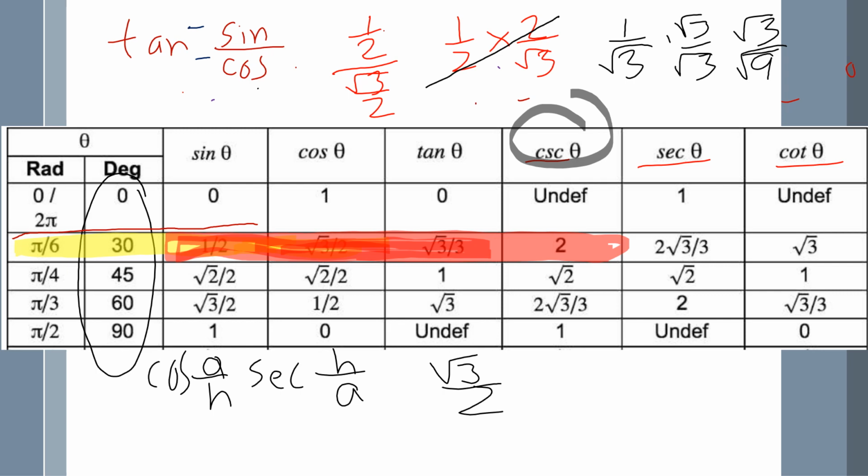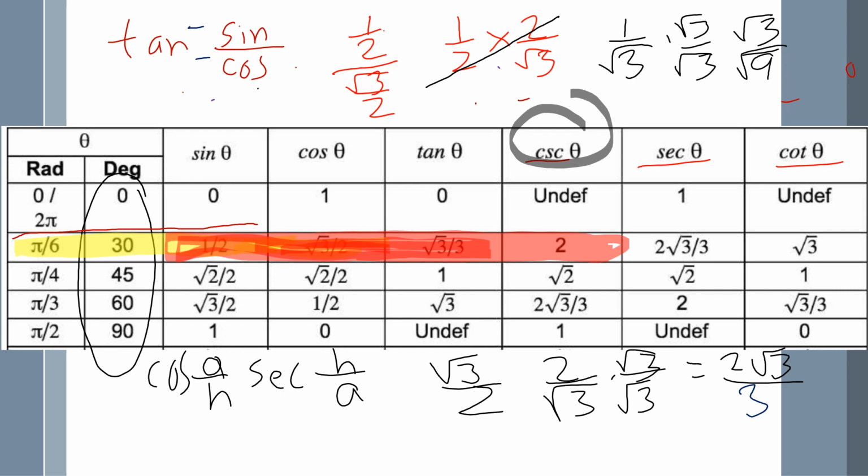Flip it over to be 2 over square root 3, which we know we can't have that. So guess what? When you see a radical in the denominator, you gotta do something about it. So you gotta multiply the whole rational number by square root 3. So 2 times square root 3 is 2 square root 3 over 3 times square root 3 is square root 9, which we know for a fact is going to become 3.